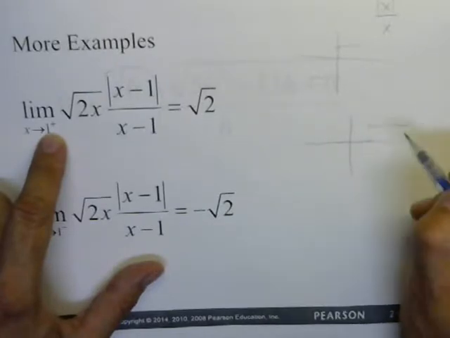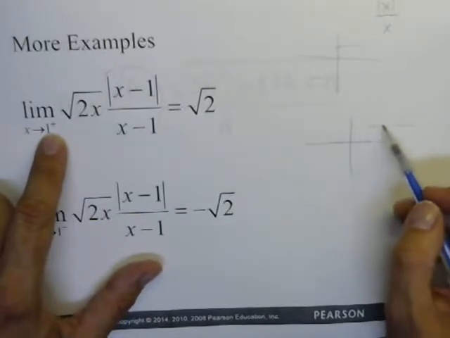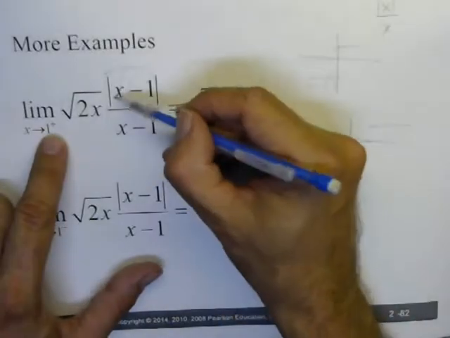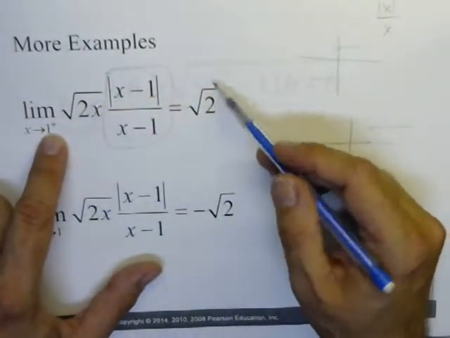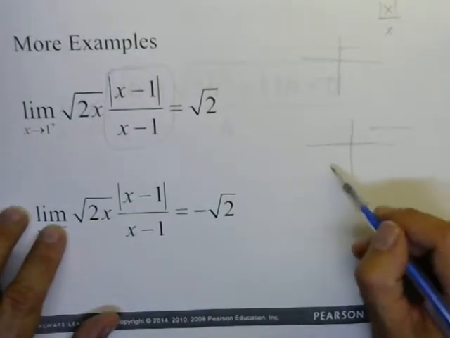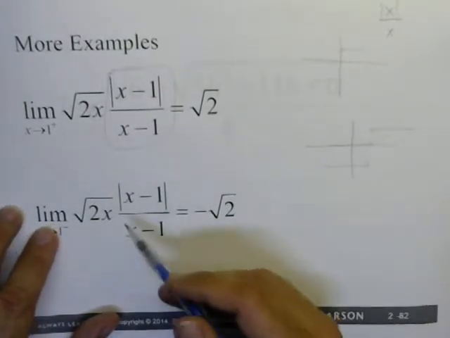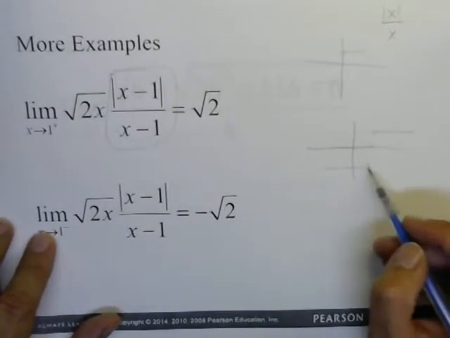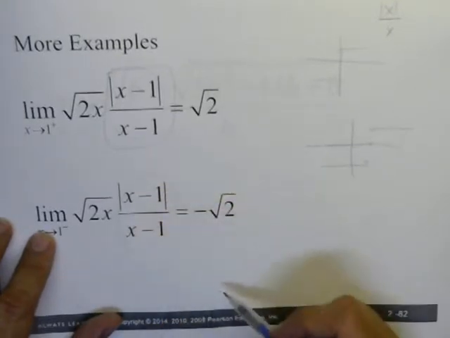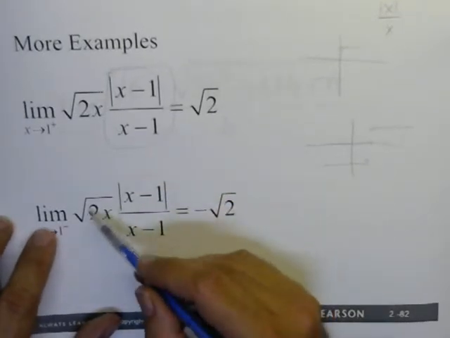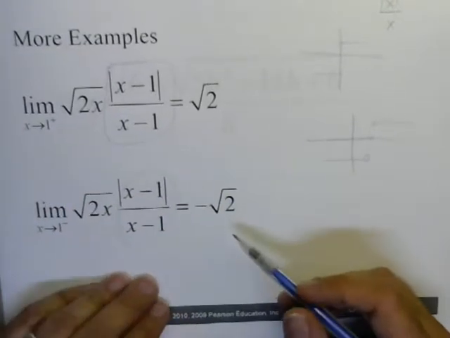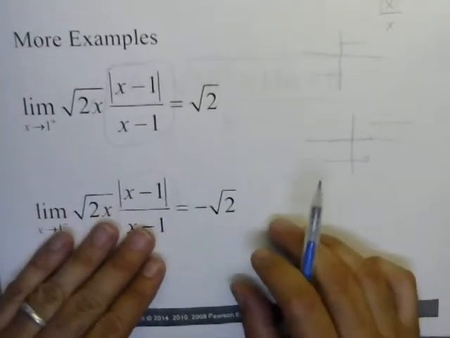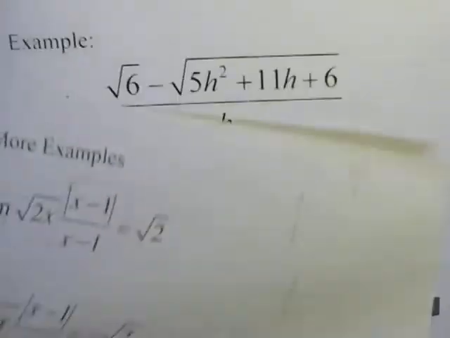They may not always be algebraic. But as you approach 1 from the right, this takes on a value of 1. This would also take on a value of 1, so that'll just be the square root of 2. But if you're approaching the function from the left-hand side, right, that takes on a value of -1. This takes on a value of -1. So you'll get a 2 times 1, square root of that's 2, but then you'll have the negative. So some of these you might have to kind of play around with a little bit.